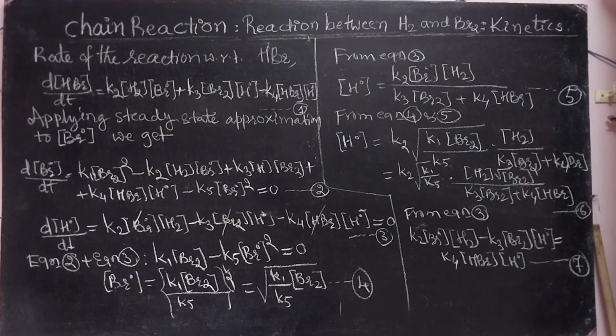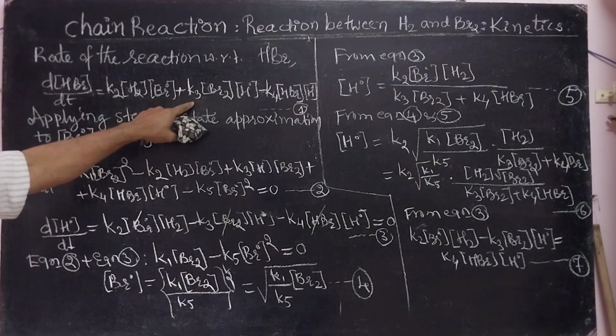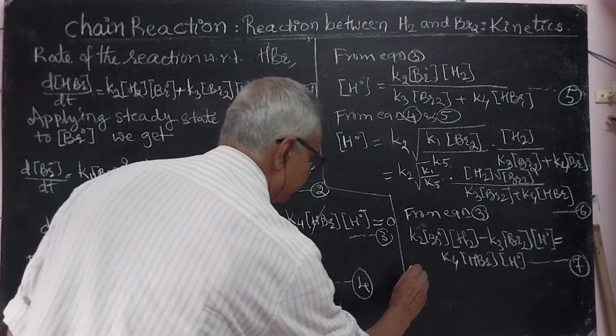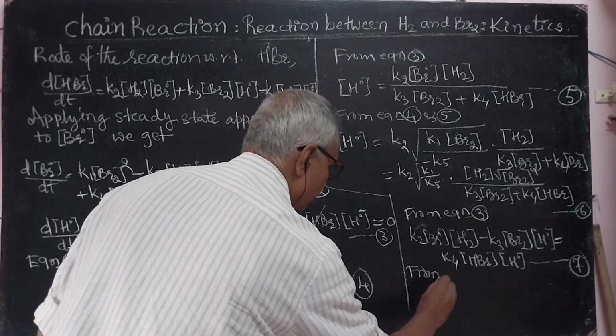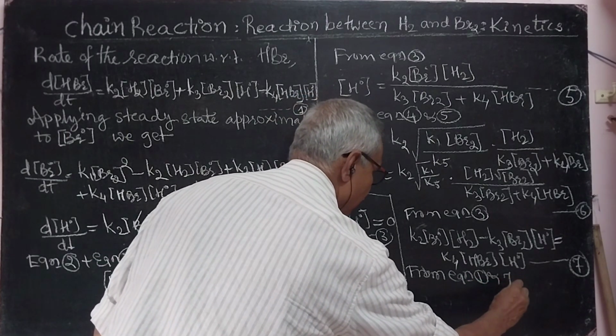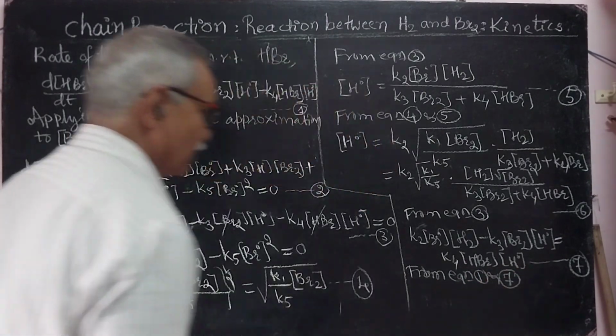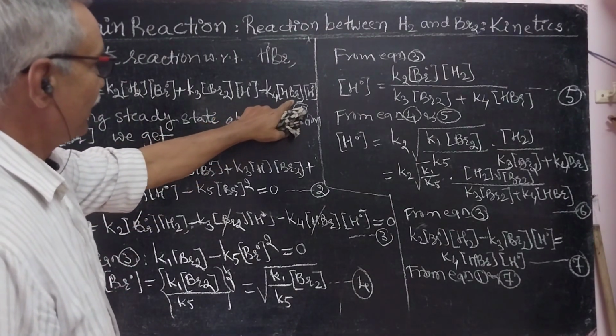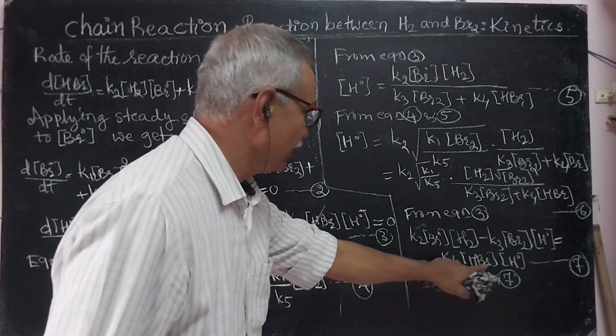Now from equation 1 and 7, equation 1 that is K2 K3 Br2. From equation 1 and 7, we will get K4 HBr H dot equal to K4 HBr H dot.